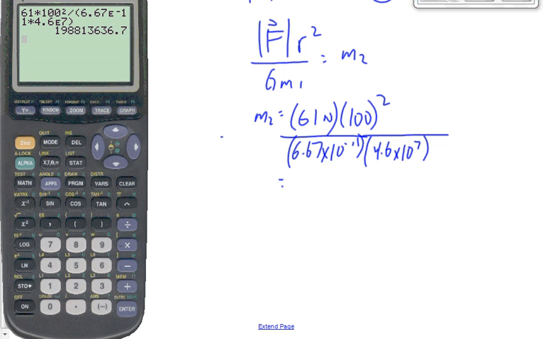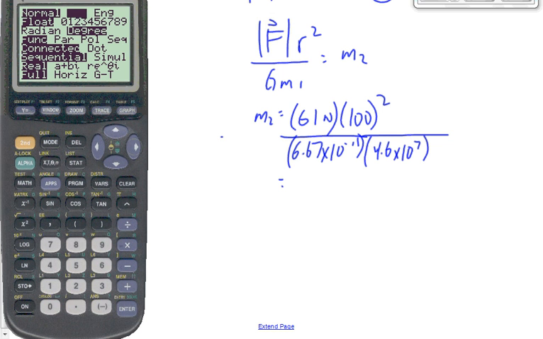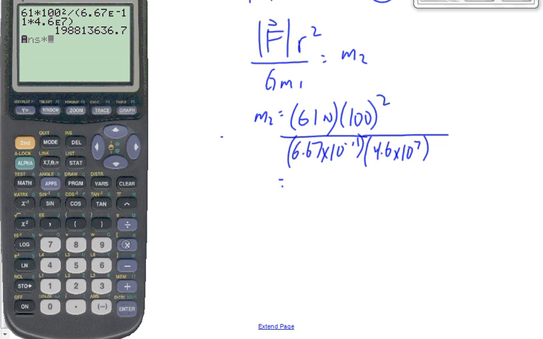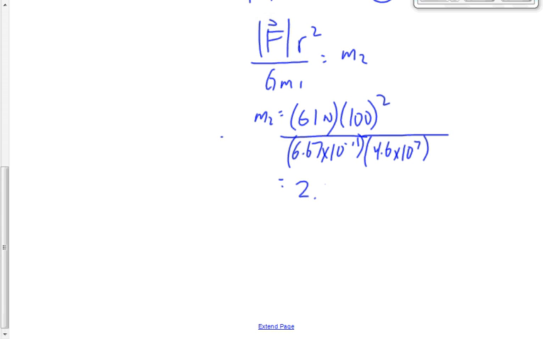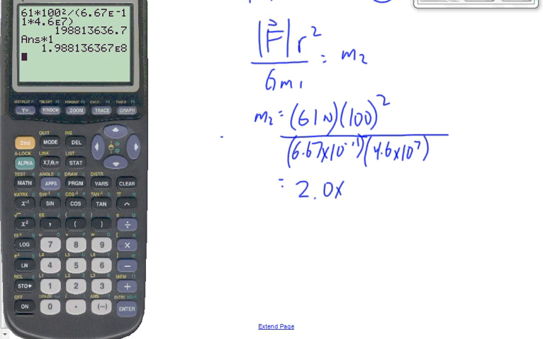Go mode, scientific notation, and then let's multiply that answer by 1. Multiply it by 1, we're going to get the same thing, right? Except now, it's going to be in scientific notation. So that's going to be 2.0 times 10 to the, tells us right there, it's 10 to the 8.